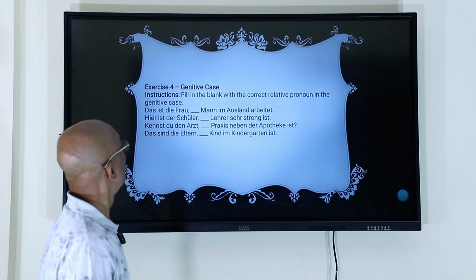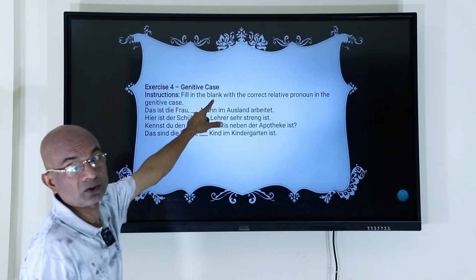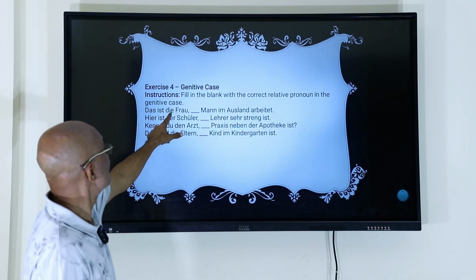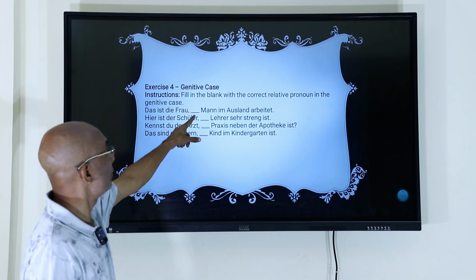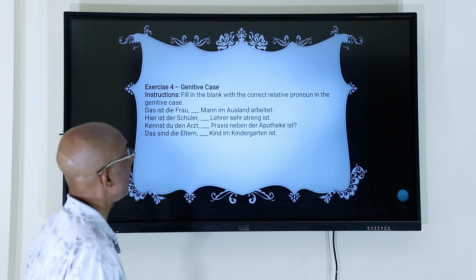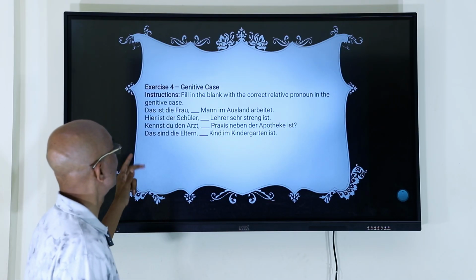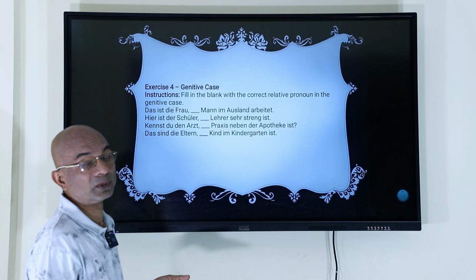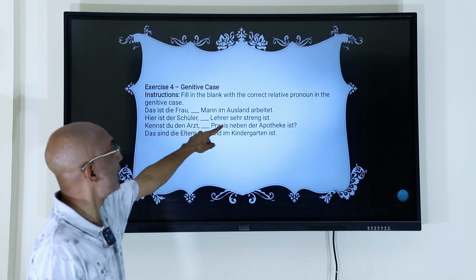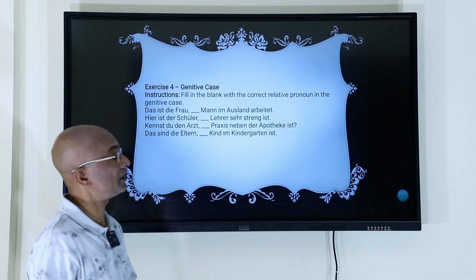Okay, for genitive case also, some examples, exercise. Das ist die Frau, blank, Mann im Ausland arbeitet. Das ist die Frau, what will be there? Das ist die Frau, deren Mann im Ausland arbeitet.